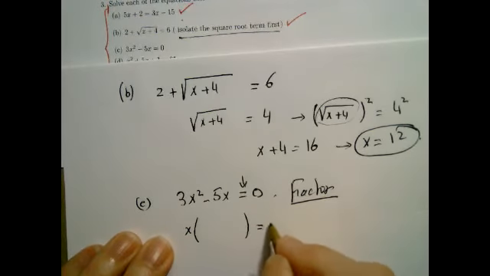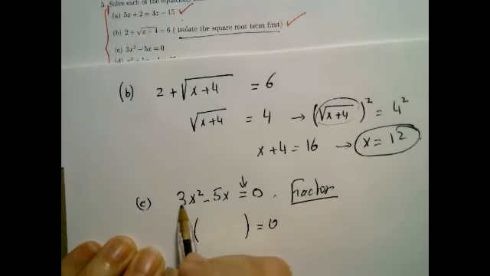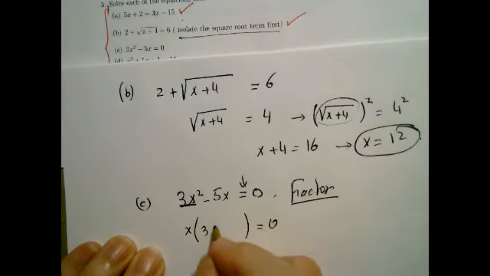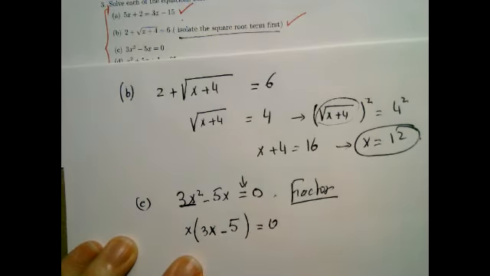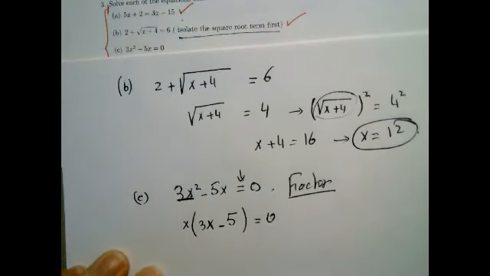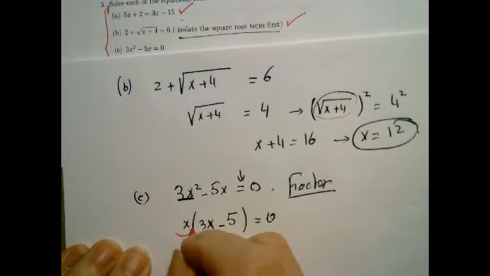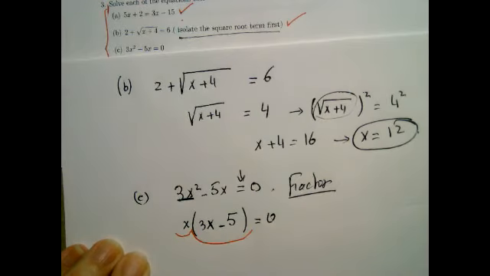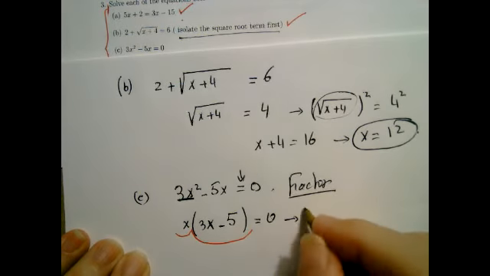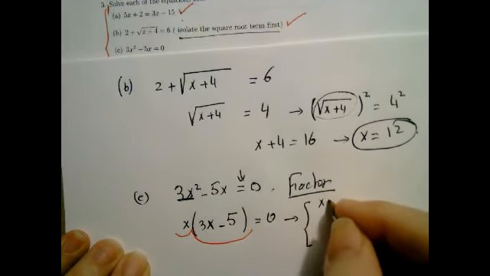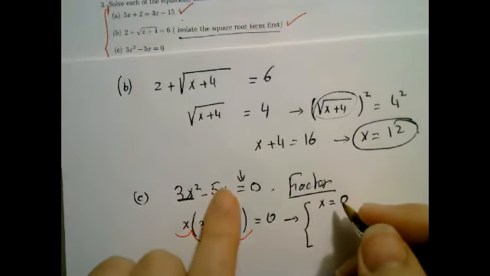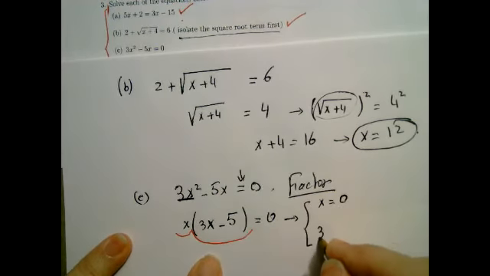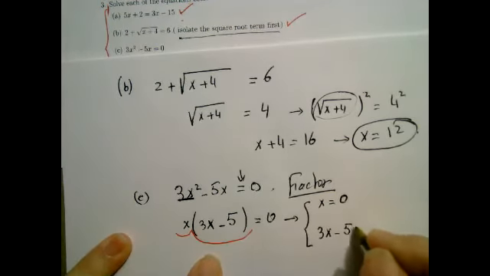If I factor the x, what shall I be left with? I'm going to be left with 3x minus 5. Okay? Now, what does it mean that this is equal to 0? If it's equal to 0, it means this term equals 0 or this term equals 0. So we have either x equal to 0, of course, if I plug in 0 here, I get 0, or 3x minus 5 equal to 0.